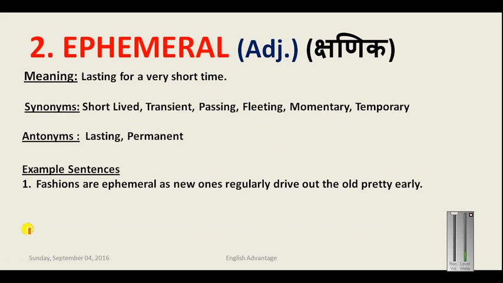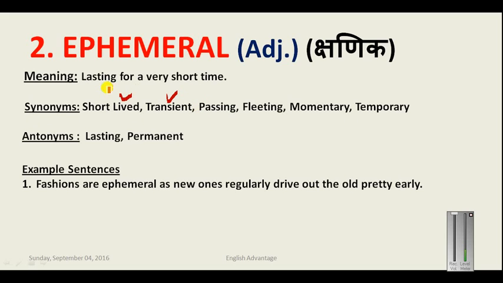Now let us look at the next word, ephemeral. E-P-H-E-M-E-R-A-L. Ephemeral is something that is not long lasting, that is short lived, or that is transient, or that is fleeting or momentary or temporary. Ephemeral means short lived or transient, something that exists for a very short period of time.